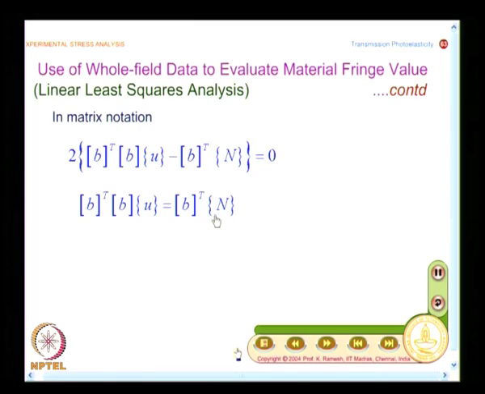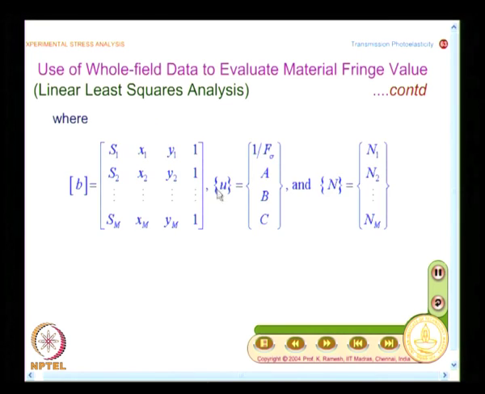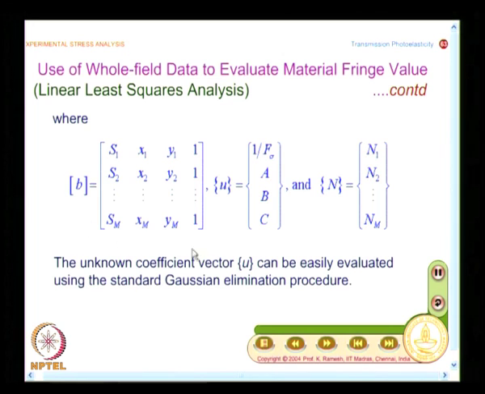But recognizing the 4 equations into this matrix form is a bit involved, not difficult, but I want you to verify this. And these matrices B, N, etc. are very simple like this. Please take down this. B is nothing but S1, X1, Y1 and 1.